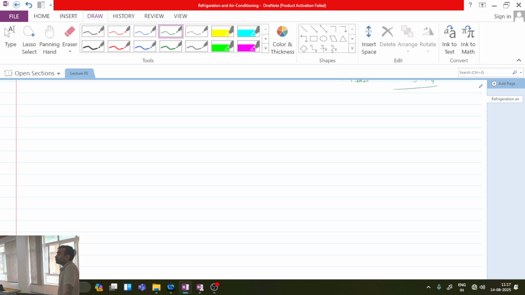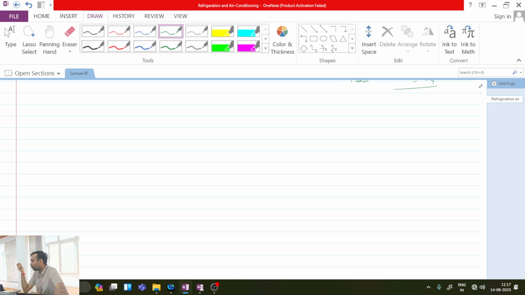Okay. So, we have seen that the COP of a reverse Brayton cycle decreases when the pressure ratio increases, and there will be some value of pressure ratio corresponding to which the COP value will become equal to 0.